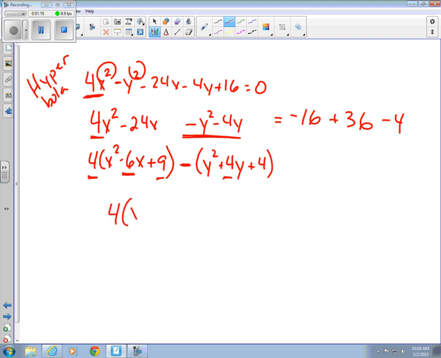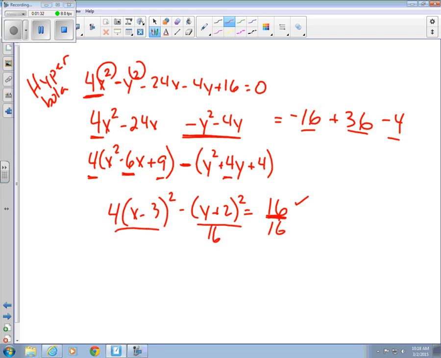So I have 4 times (x minus 3) squared minus (y plus 2) squared equals, all right, 36 minus 20 is 16. And then remember right here, just like on the ellipse, this right here has to equal 1. So I'm just going to divide everything through by 16. And I have (x minus 3) squared over 4 minus (y plus 2) squared over 16 equals 1.